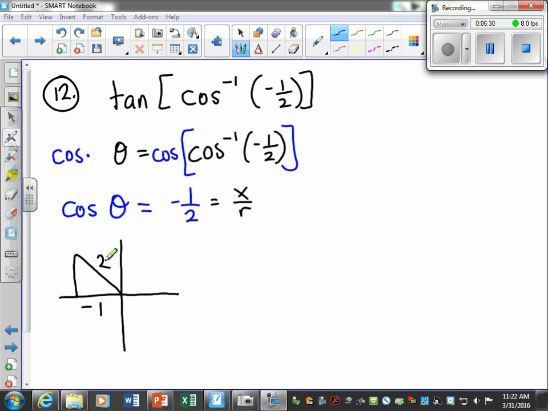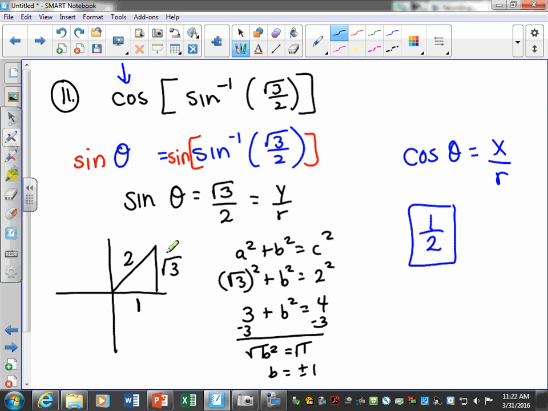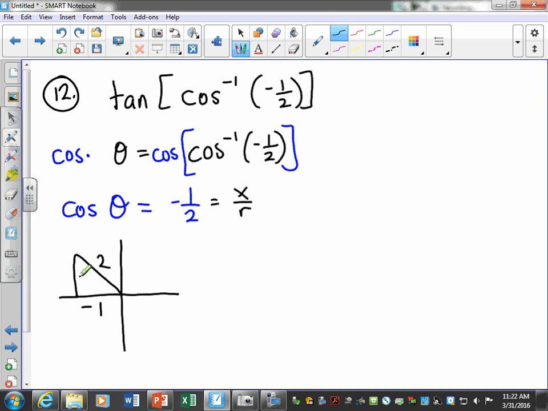Use the Pythagorean theorem to solve for the missing side, but it's similar to this previous one, a radius of 2 and a side of 1. The other side is square root of 3, so you can either use your previous example's work, or, which that's not the same work, a squared plus b squared equals c squared.